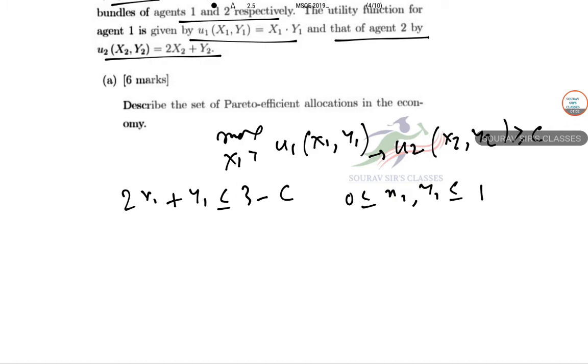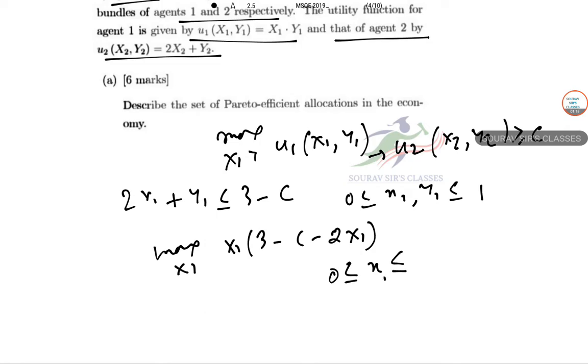Since the inequality constraint will bind at the optimum, we get the problem as max of x1 and 3 minus c minus 2x1, such that 0 is less than or equal to x1 less than or equal to 1, and (2 minus c) by 2 less than or equal to x1 less than or equal to (3 minus c) by 2.